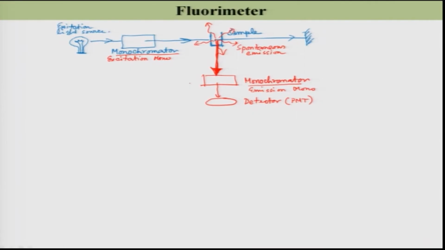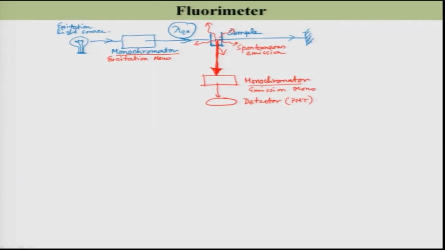Under a particular excitation light, so if you use a particular light to excite the system over here, let us say the light you used is lambda Ex, for exciting this sample. What I am going to do is scan this lambda emission, and plot the intensity versus lambda emission.